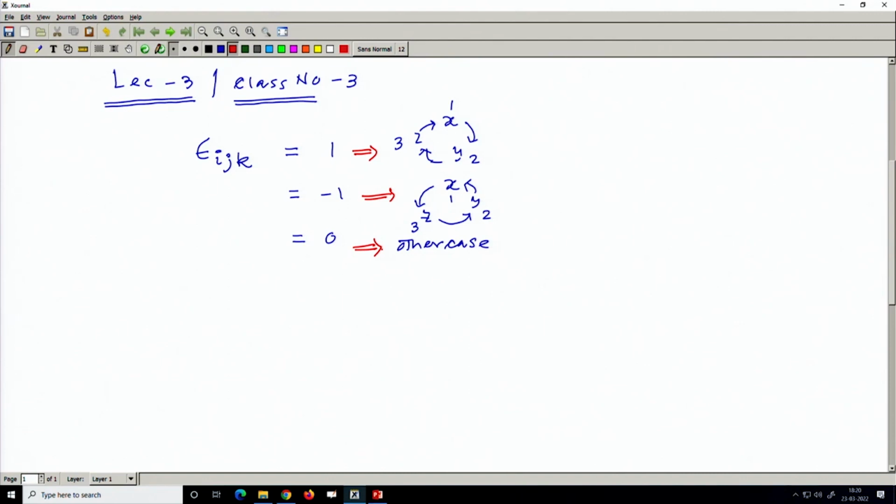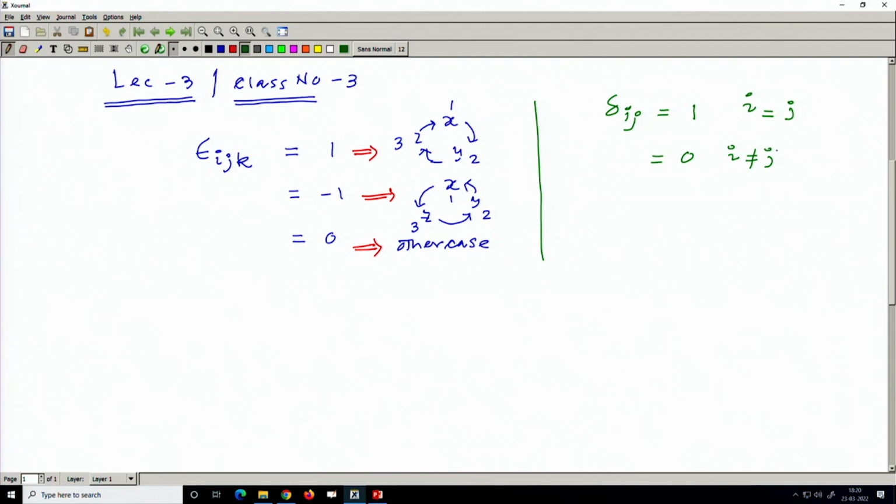Also we defined the Kronecker delta, which is equal to 1 when i is equal to j, and equal to 0 when i is not equal to j.